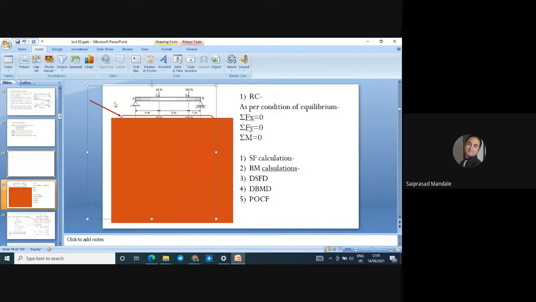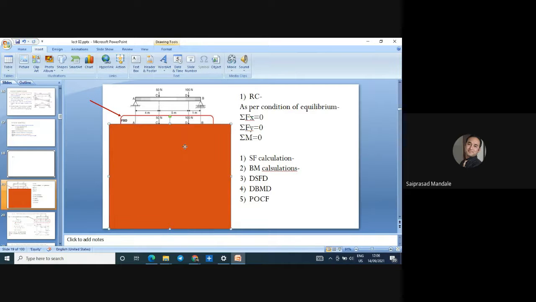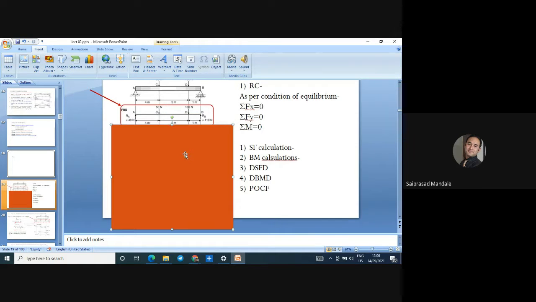Yes, I can. Only this is a support, so I am going to replace this support by means of reactions. A and B act as support reactions. So I'm going to draw the free body diagram. We have to extend the projection of point A, point B, point C, and point D throughout.